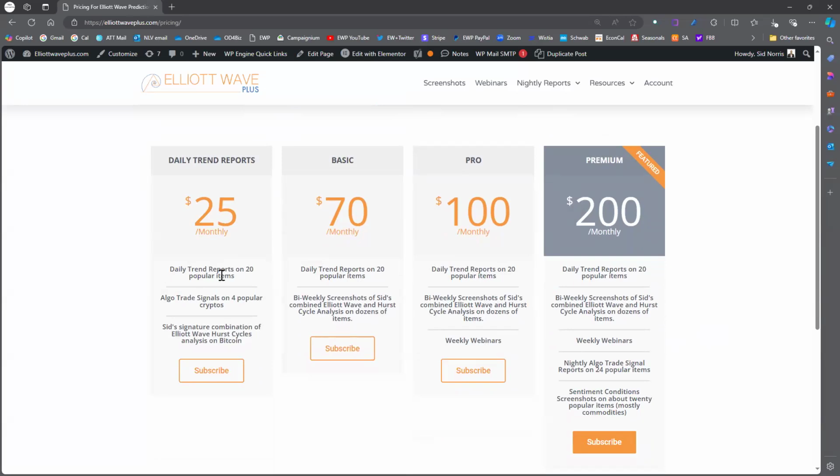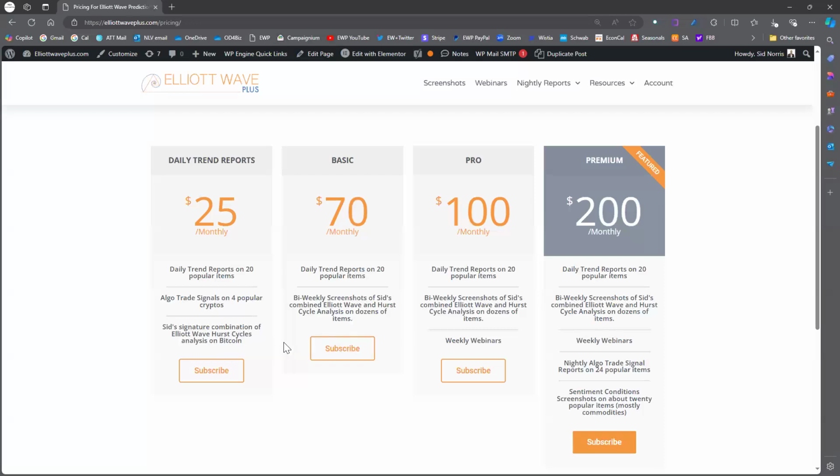There's no Elliott wave at all on those. It just simply shows you what the daily trend direction is on about a dozen popular items, slightly more than that. And we also, in that tier, provide algo trade signals on the 4 most popularly traded cryptos.